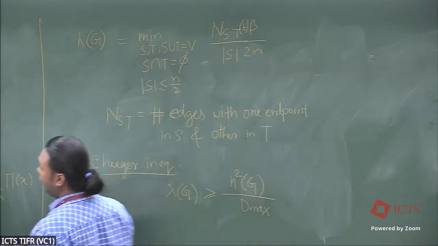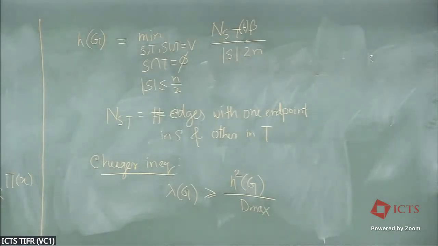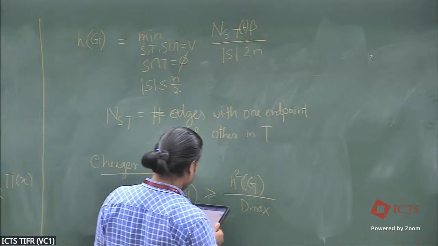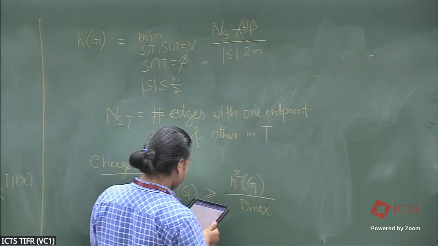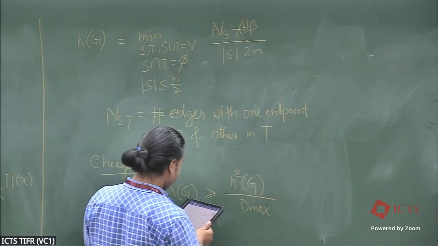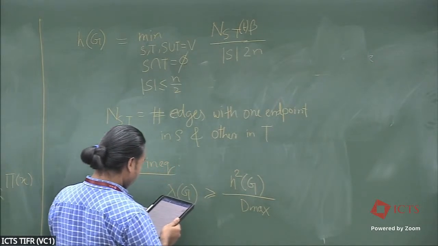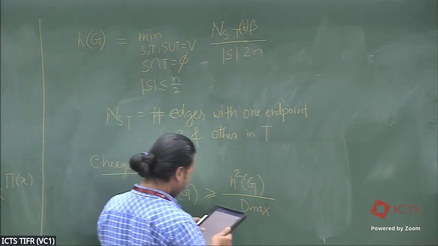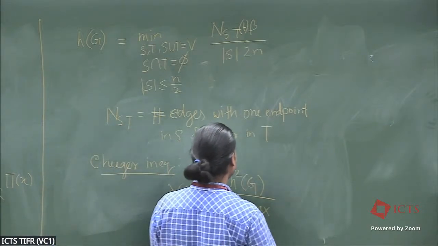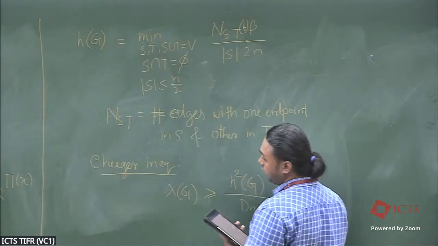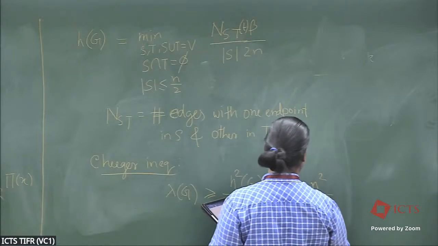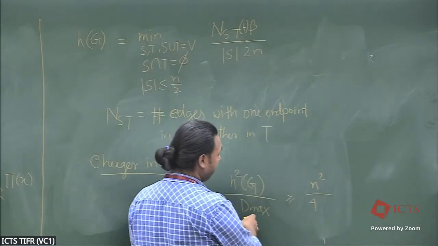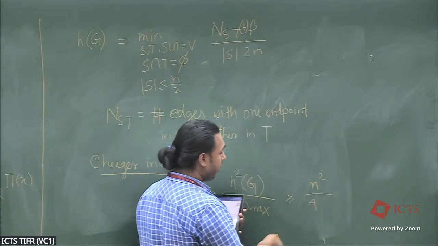So we obtained a bound by the maximum degree, and this is bounded by n square by 4, and the maximum degree is like np, so n by 2.